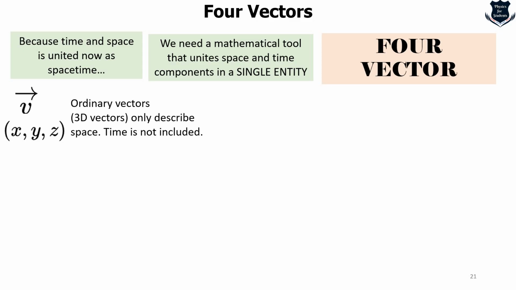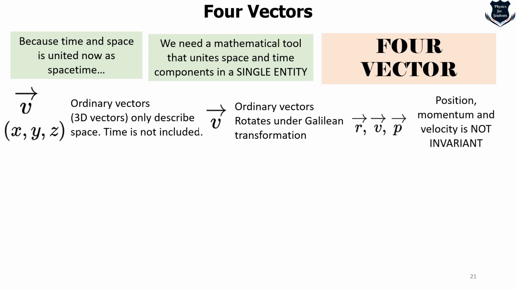The ordinary vectors only describe space but not time. I mean to say they can describe time, but distinctly, not taken together. And ordinary vectors, remember, rotate under Galilean transformation. Here we need a Lorentz transformation, and position, momentum and velocity in classical mechanics are not invariant.